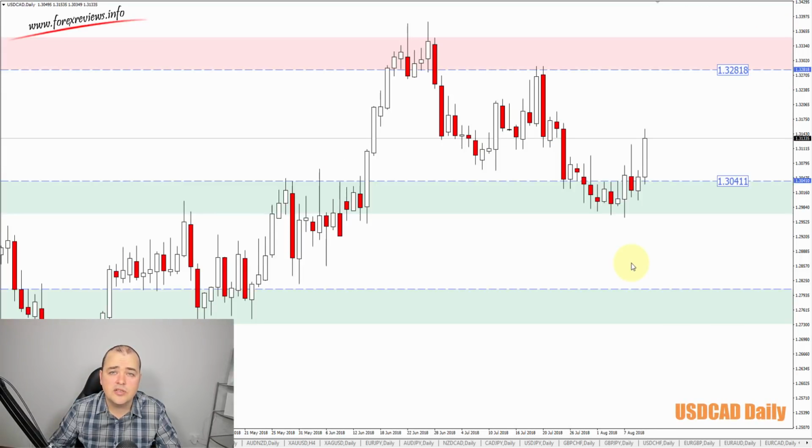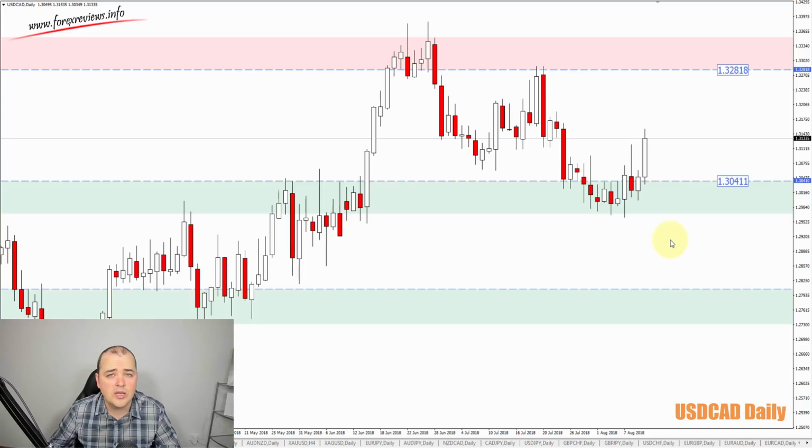Okay, next pair to hold is US CAD, and I'm on the daily chart. In the previous review of US CAD, I held the 130.41 zone area as a potential bullish evidence area on this market. And as you can see, the bulls took control recently on this market last week, pushing price to the upside out of this area. What I'd like to highlight is that I'm expecting more continuation to the upside.